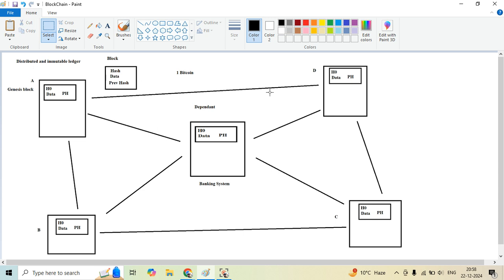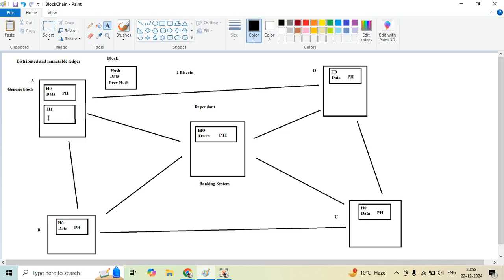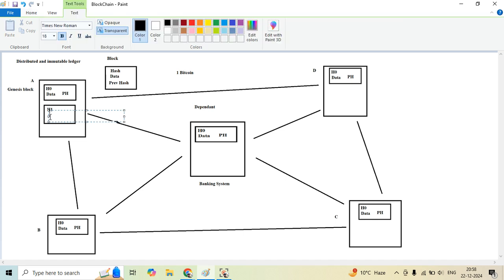Now when A sent D amount of money, which is 1 Bitcoin, it has added to its ledger this value. So it will have its hash function, for example h1, and it will have the transaction data. What will be the transaction data?